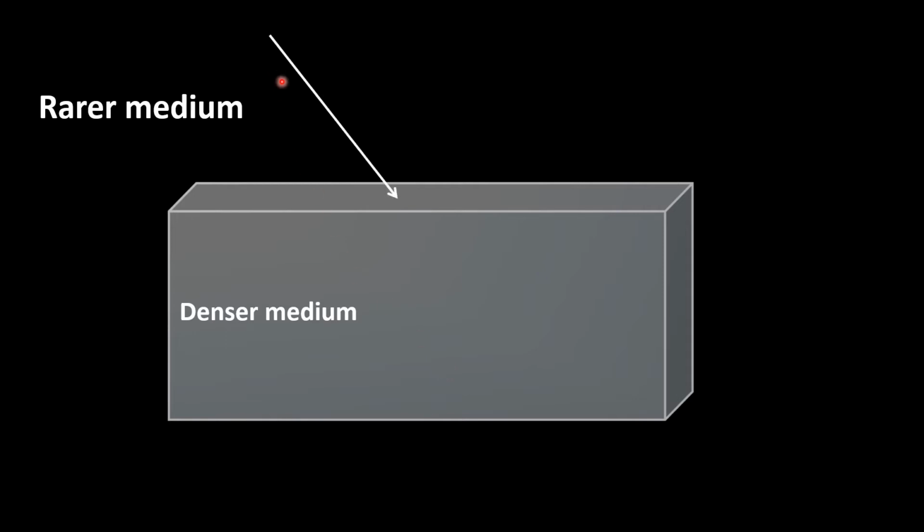This is the incident ray which is falling on the glass slab at this point. Here AB is called the incident ray, which is incident on one of the surfaces of the glass slab, and this point is called the point of incidence. So what is AB here? AB is the incident ray.